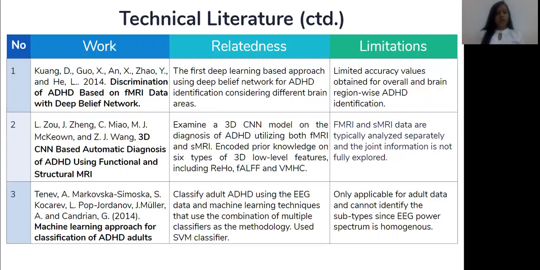In the machine learning approach for classification of ADHD adult based study, they classify the adult ADHD using the EEG data, but there the limitation is that it is only applicable for adult data.